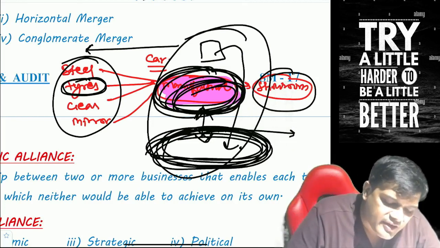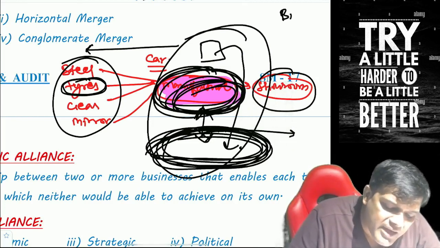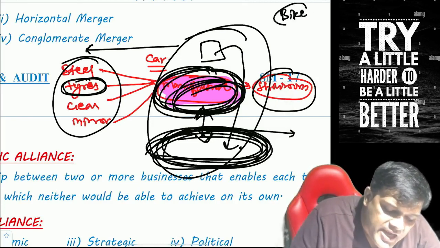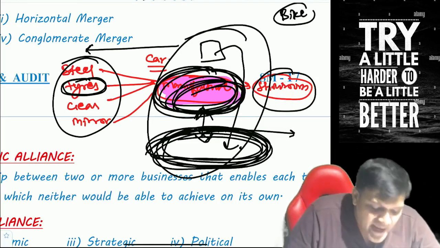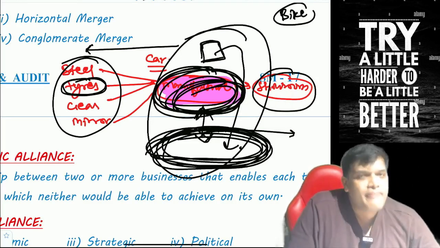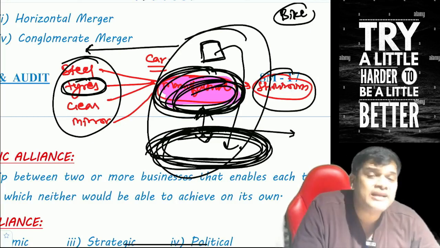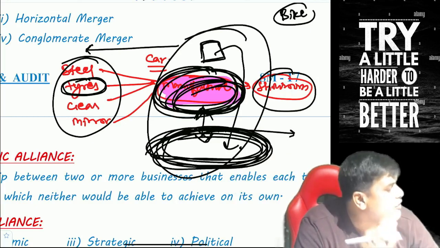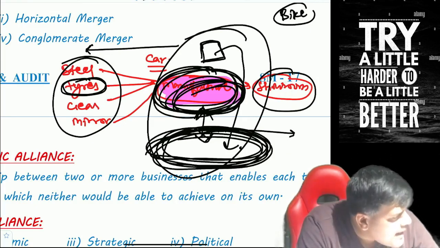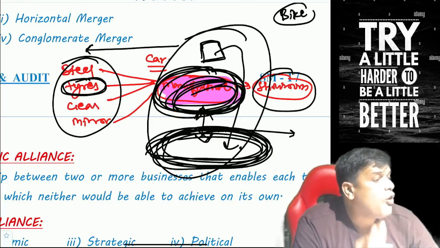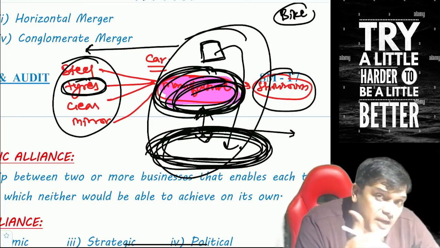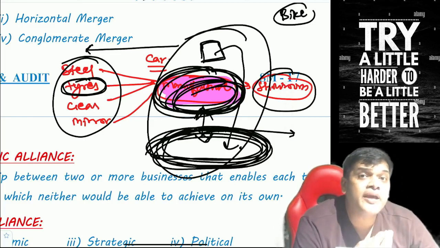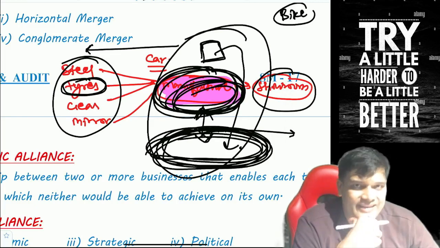For example, a car manufacturer starting bike manufacturing. To manufacture bikes, this machine may work to some extent, but not completely. So if I am a car manufacturer acquiring a car manufacturing company, it is horizontal. But if I start bike manufacturing, it is concentric, related.